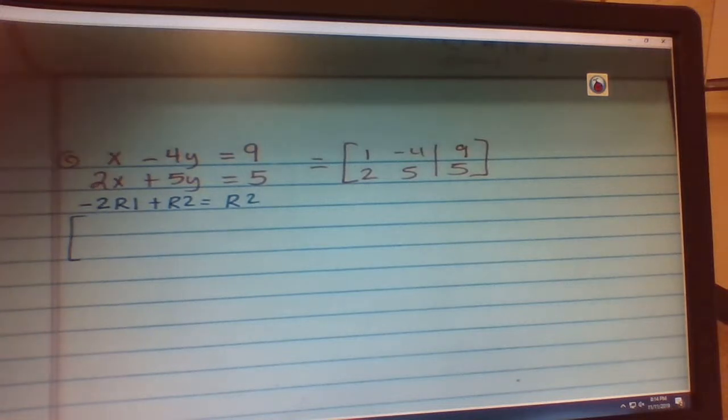So go ahead and do the work, or show the steps. Which row is the one that's changing? Row 2. Very good.